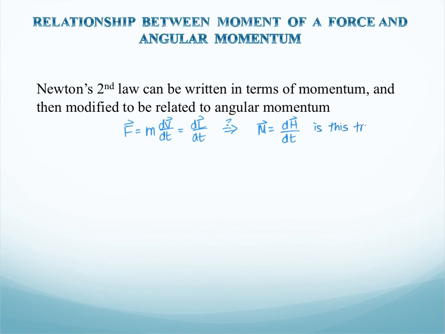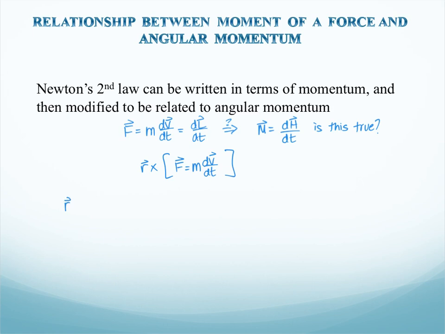And so we want to say, well, is this true? You can't just guess and then go with it and say, well, it must be because it seems like it makes sense. We have to prove it. If we take the definition of Newton's second law, and we want to modify this to look like this proposed expression, we realize that we could actually get the moment if we take r cross F. So let's do that to the entire equation.